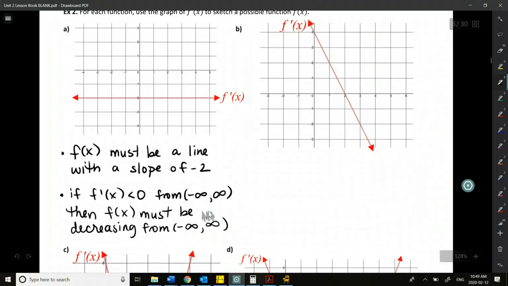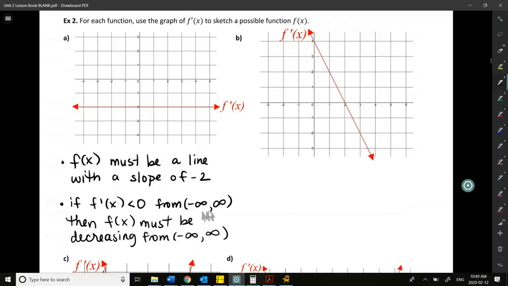Okay, so we need to draw some line that's decreasing everywhere. Obviously, if it has a negative slope, it is decreasing. And we don't really know exactly where that line is. So as long as you have a slope of negative 2 and your line is decreasing everywhere, you're fine.